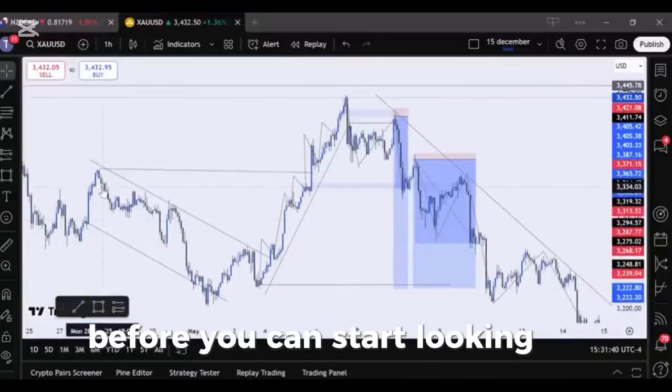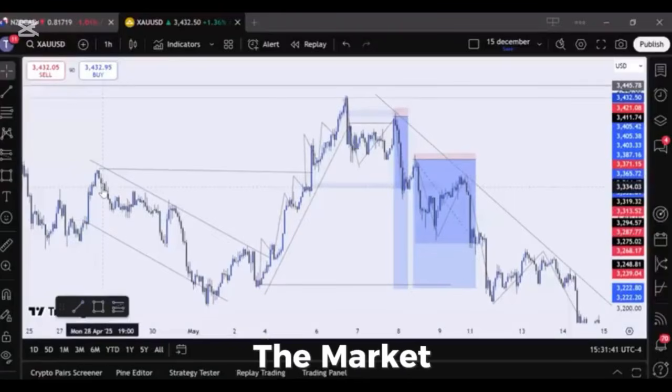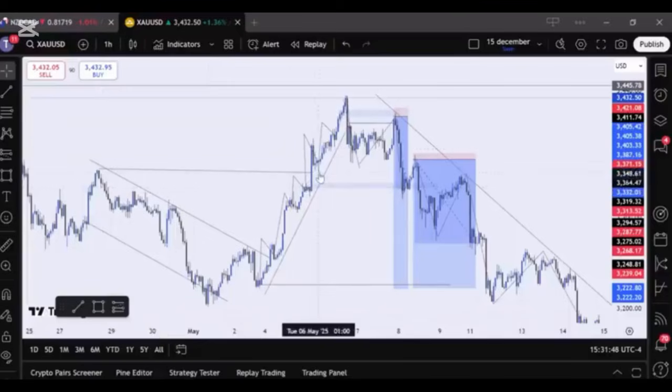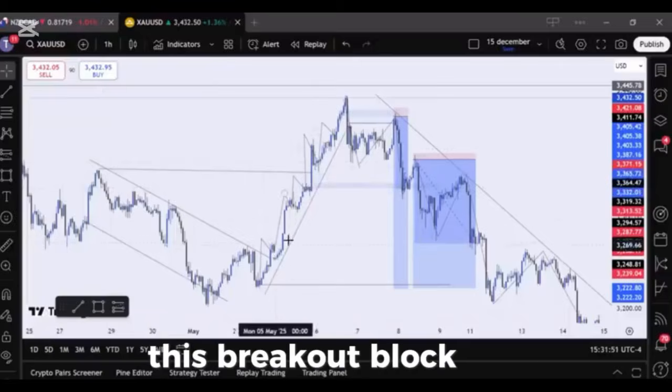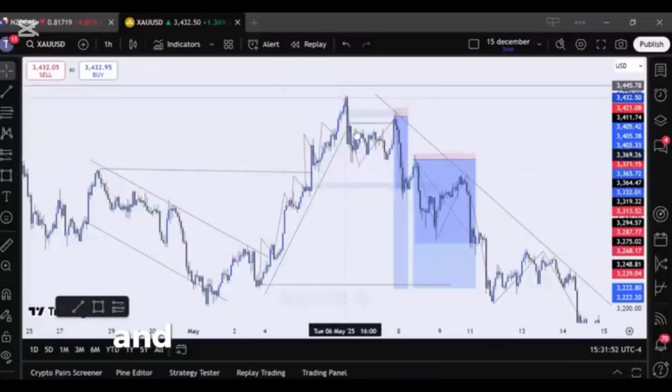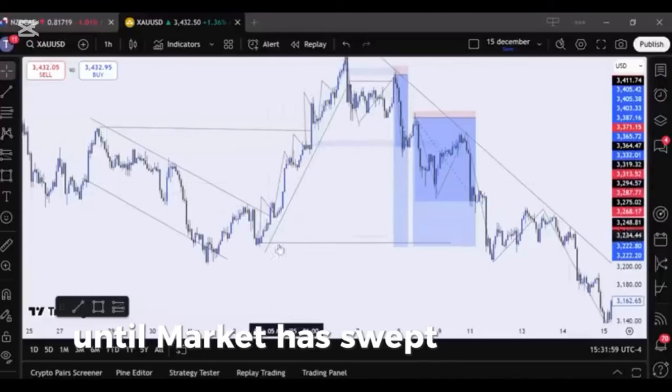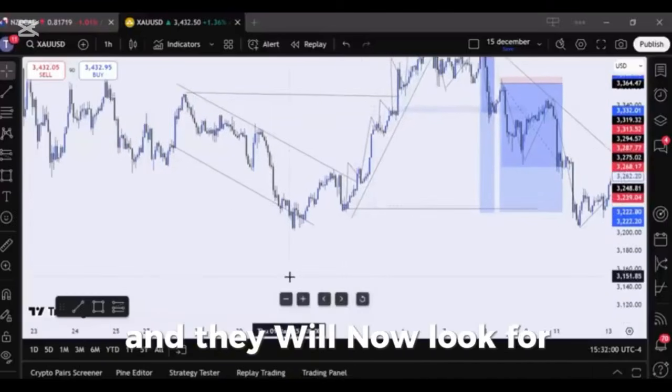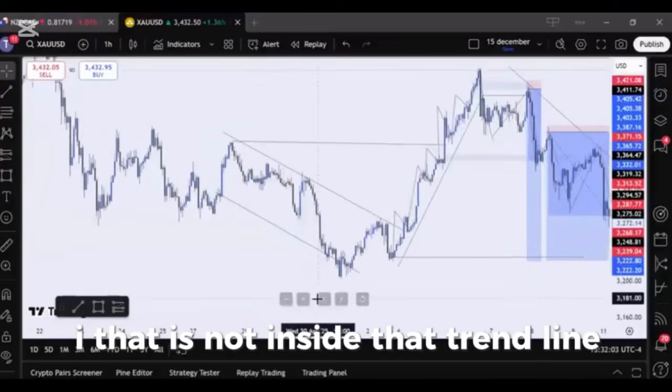So before you start looking for any trades to oppose the market, make sure that you're not trading a POI that's inside a liquidity zone. Like these other blocks inside here, this other block here, this breaker block here, they are all inside this trend line liquidity, and market has already started reversing. Do not look for any kind of reversals to the upside from these POIs here until market has swept this trend line liquidity, and then you look for another POI that is not inside that trend line liquidity.